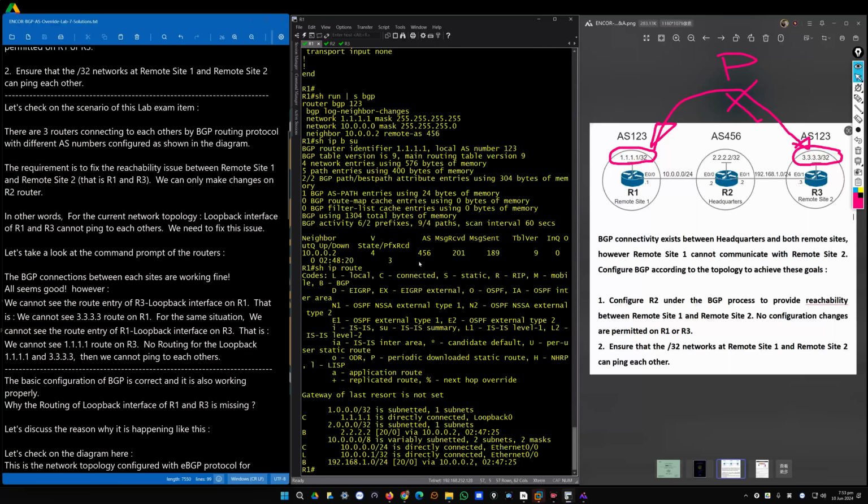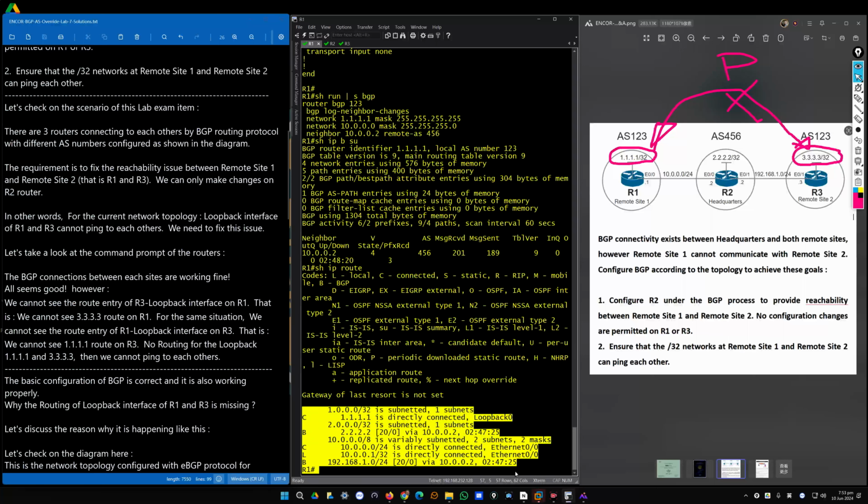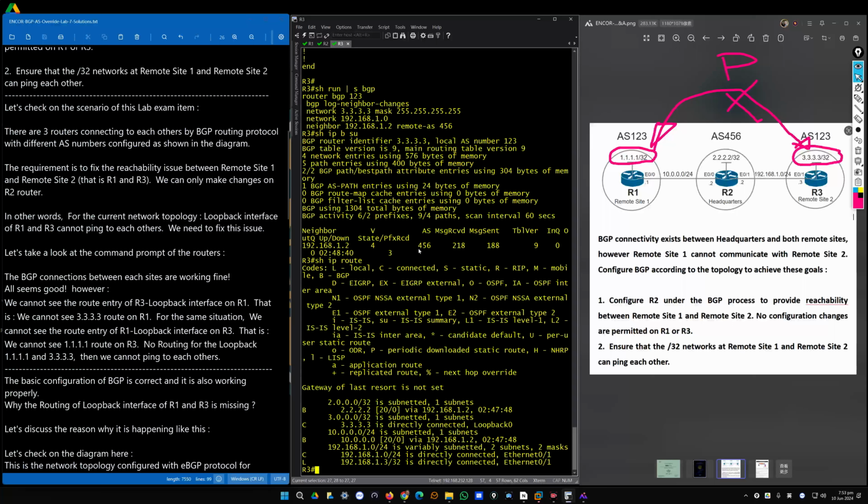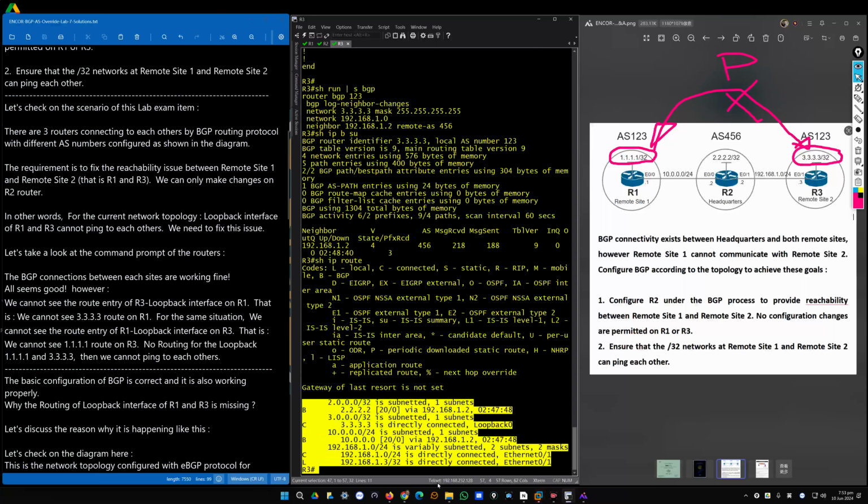However, we cannot see the route entry of the R3 loopback interface on R1. That is, we cannot see the 3.3.3.3 route on R1. In the same situation, we cannot see the route entry of the R1 loopback interface on R3. That is, we cannot see the 1.1.1.1 route on R3.